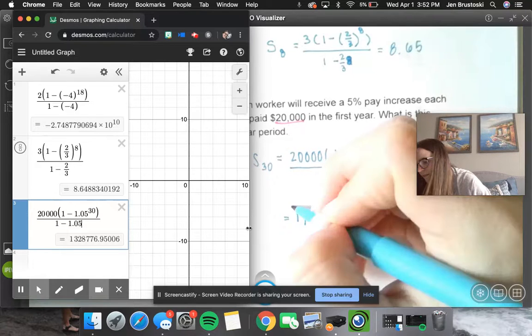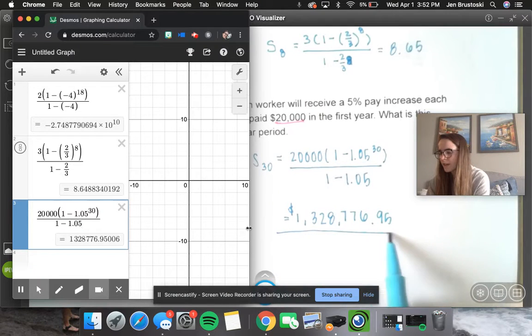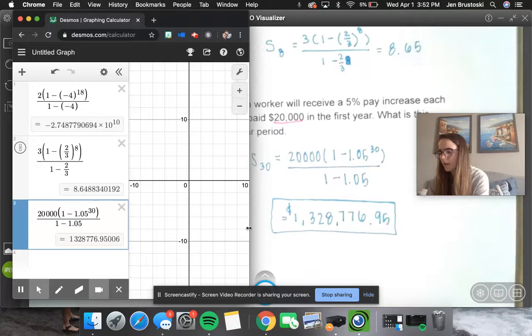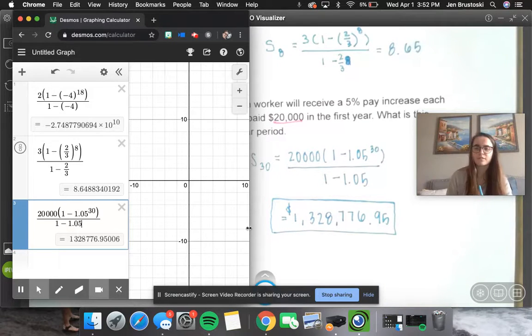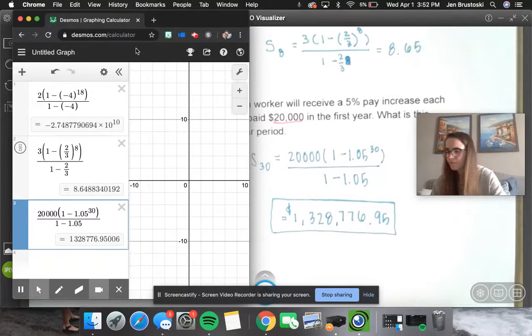So that is how much money this union contract worker makes over his lifetime. Now, does he ever see that $1 million altogether? No, because it all goes to taxes and rent or mortgage, whatever it is that he's doing.